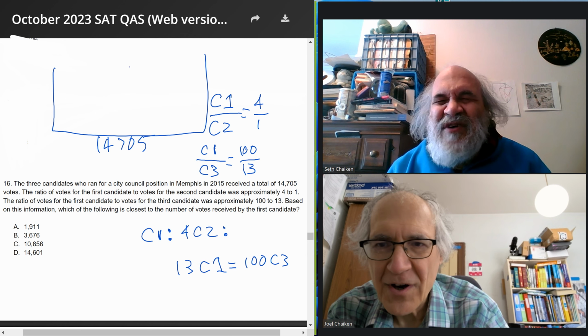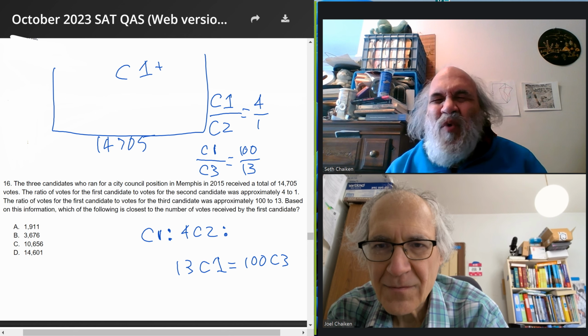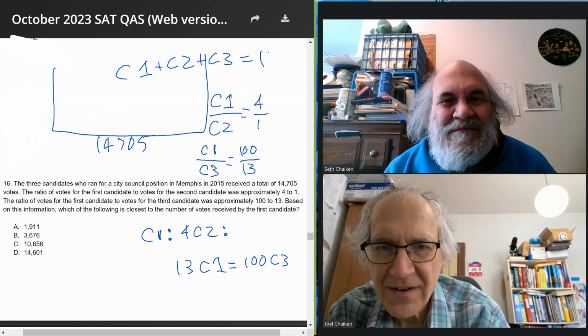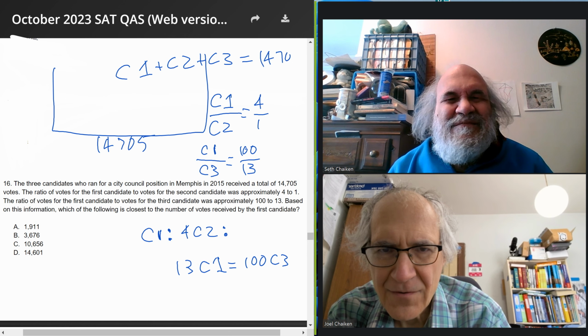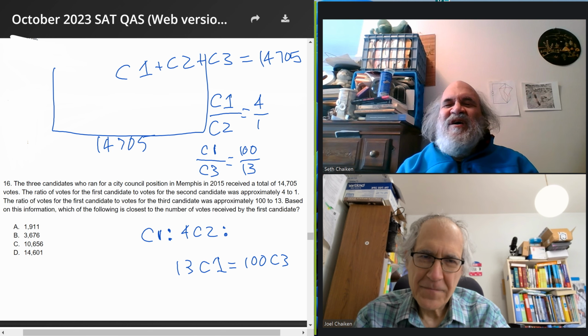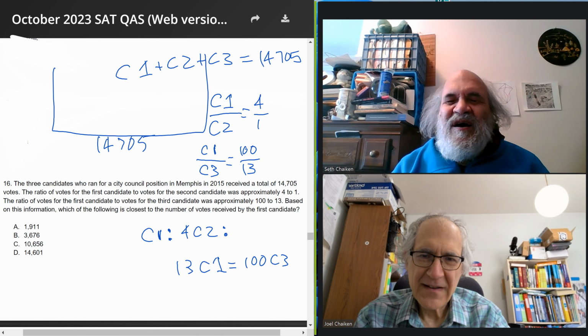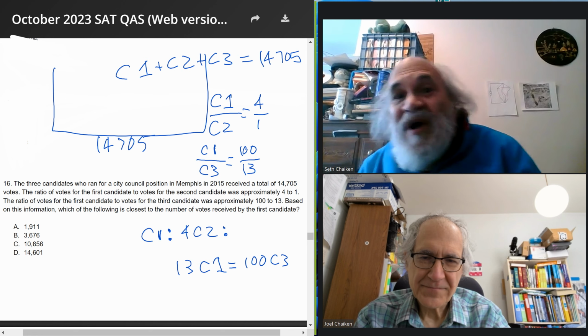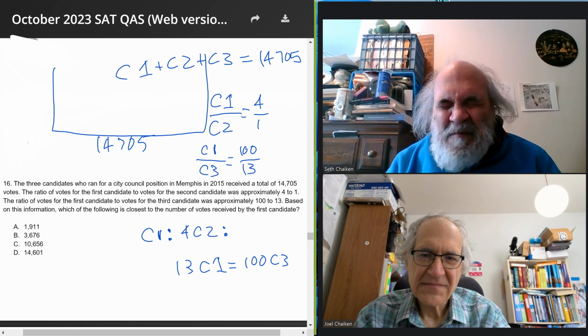So there's one missing equation. Yes, there is. And it's 14,705. So now what you've done is reduce it from a so-called ratio problem to an algebra problem.